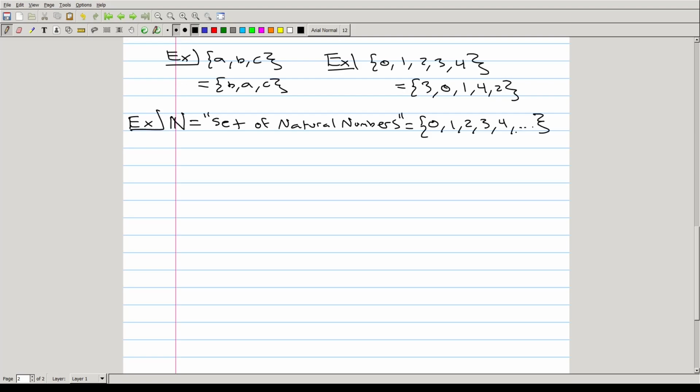It's all of the positive natural numbers, or positive counting numbers. This is also in roster method, with the ellipses here denoting a pattern that should be understood from the first couple terms that are written down.